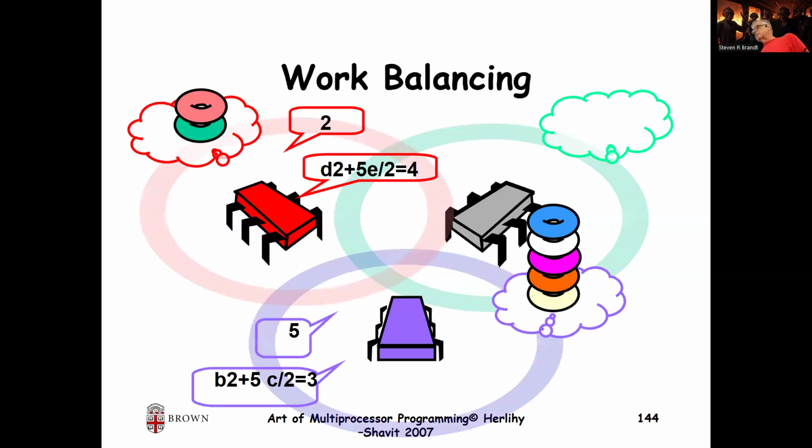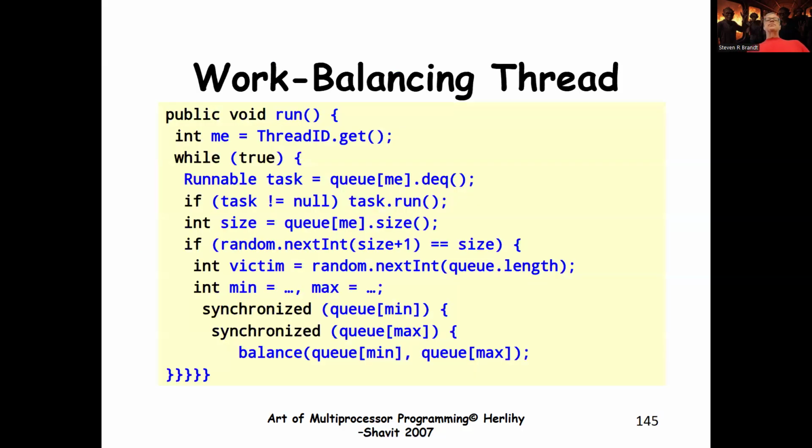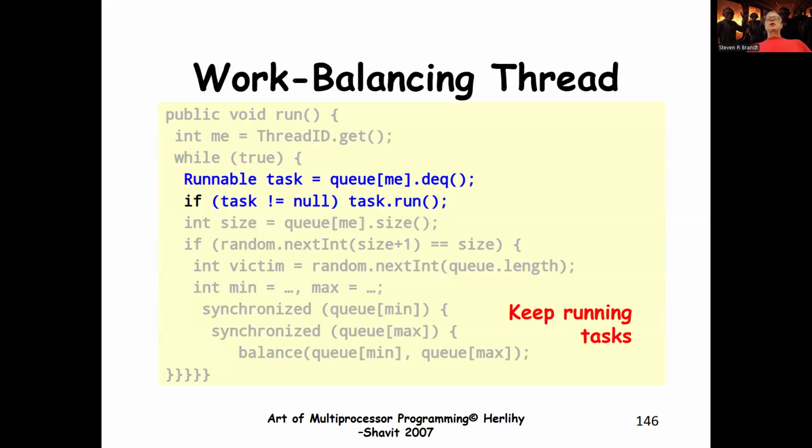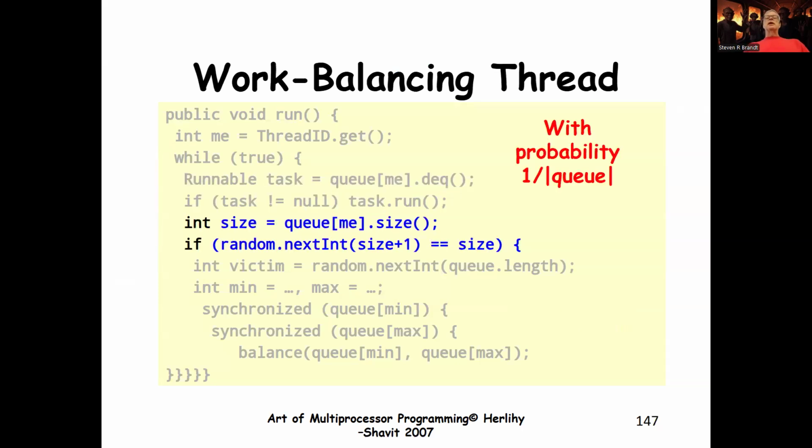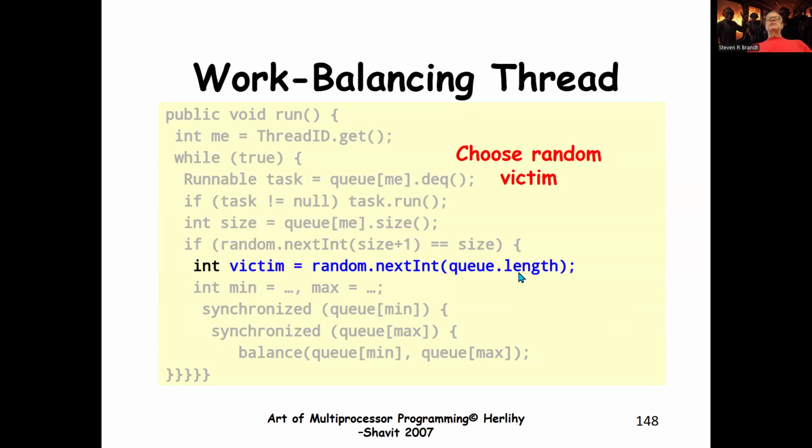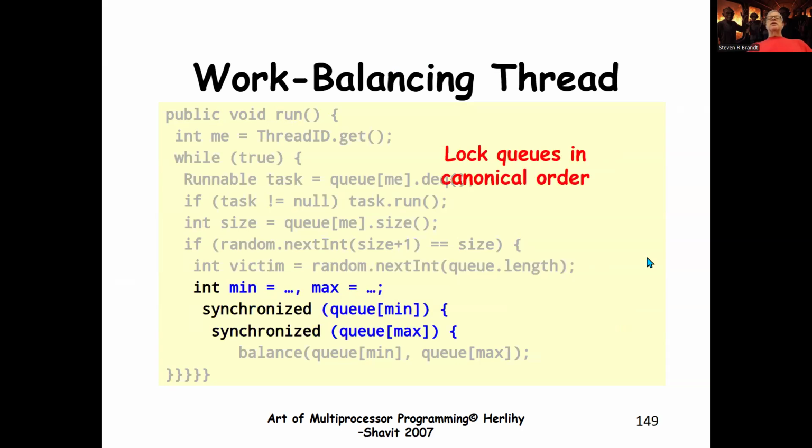So there's another concept that we have called work balancing, right? Where you can do the following. So you go and you get your task off your queue. And then if the task isn't null, you run it. And then you can look at the size of the queue and randomly, if you get nextInt of size + 1 equal to size, then you select a victim, some other queue, and then you find a minimum and maximum.